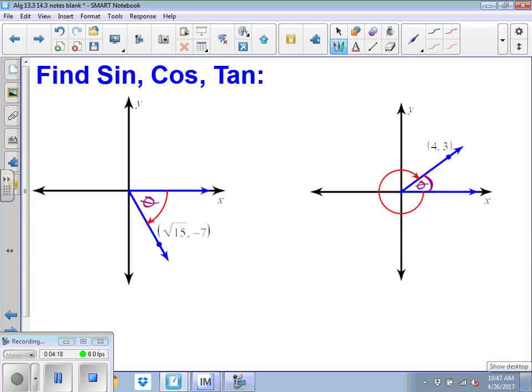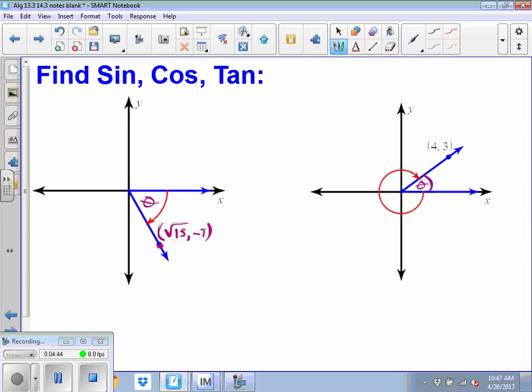So in this first example, here's our point. Our point is the square root of 15, negative 7. That is the coordinate. I'm not sure if everyone can see that. That's the square root of 15, comma, negative 7. Okay? That's this point here. So what we're going to do is create our right triangle. They already drew the hypotenuse for you.